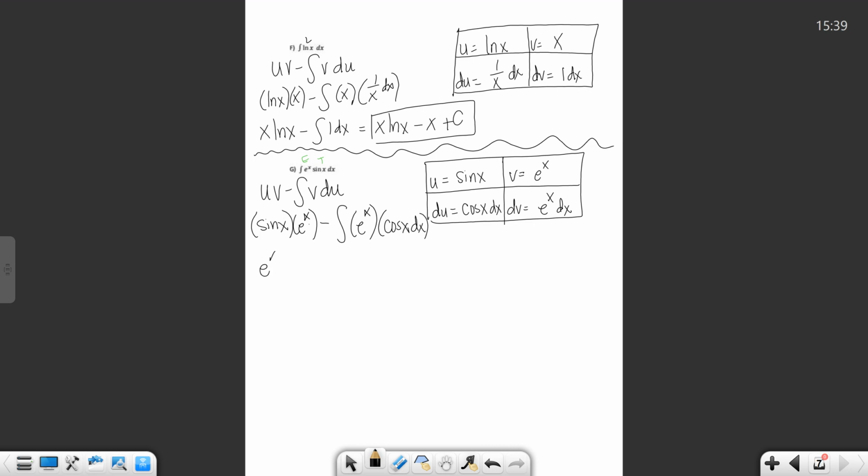So that's e to the x sine x minus the integral of e to the x cosine x dx. There's no simplifying I can do right there, and that throws me into another by parts. I've got an exponential and I've got a trig, so this is going to be the same type of box. Okay, so I would do it again.